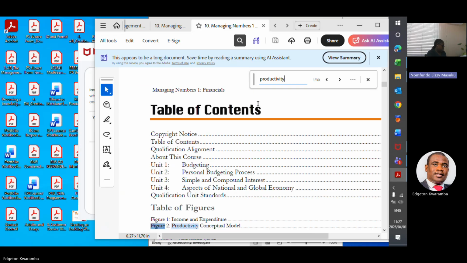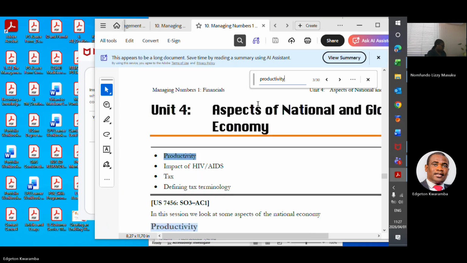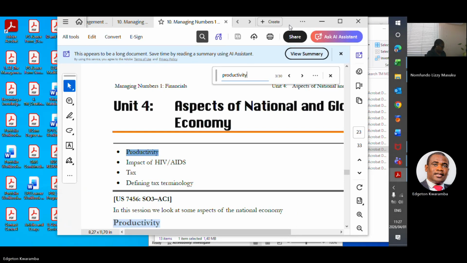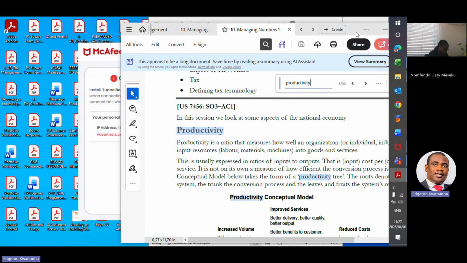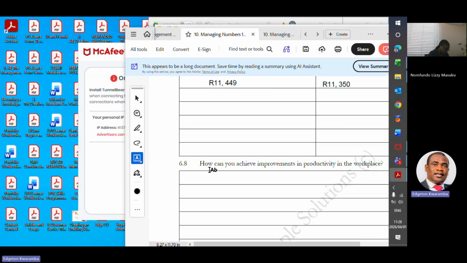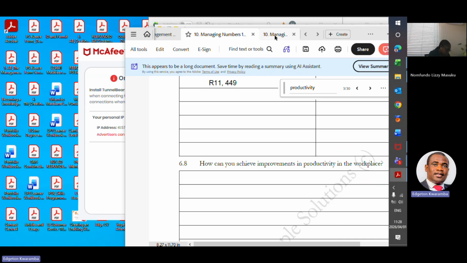Okay, so from page 23, you will find all the answers for the questions that follow after that. Question 6.8 is saying, how can you improve productivity in the workplace?